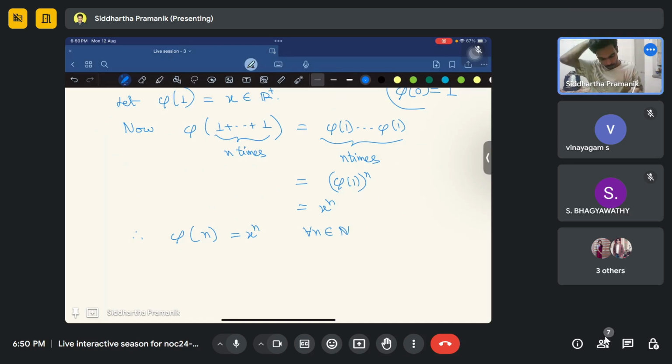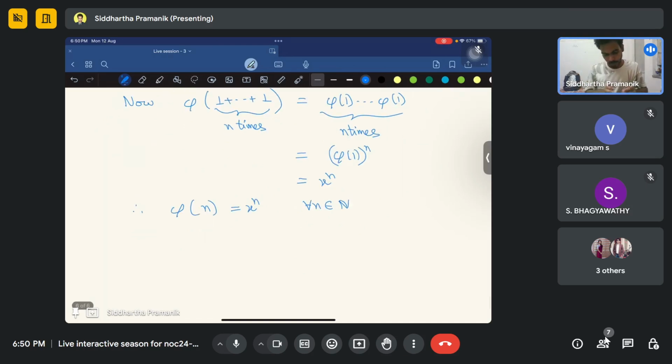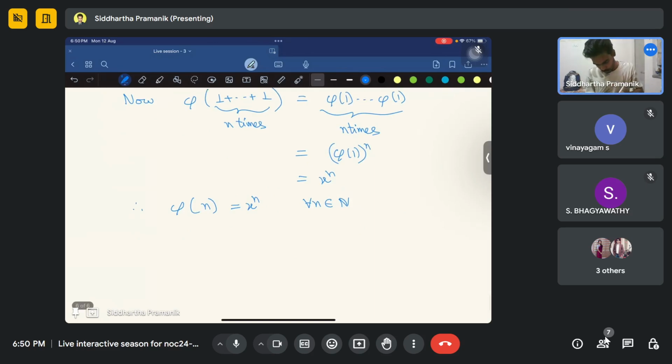Okay. Now what about negatives of natural numbers? So phi of minus n means the inverse of n. So this should be phi of n and its inverse. So that means x power n, power minus 1. So this is x power minus n.